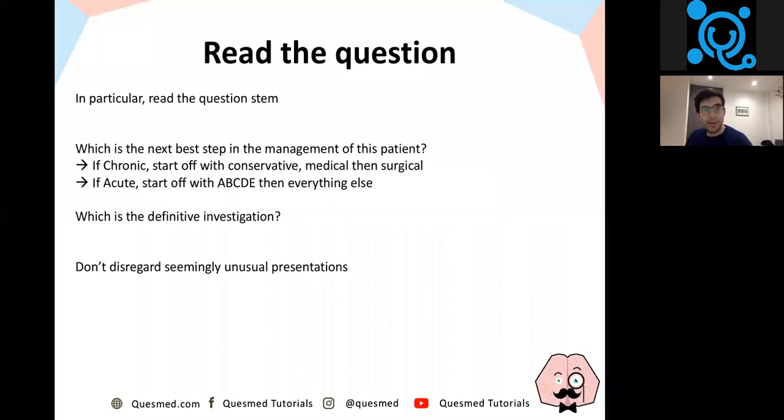So how many times have people told you to read the question? And probably I didn't as much. I think reading the question stem is very important, going back to what I was saying about the next best step and the definitive investigations. Also, I'll talk about it a bit more on the next slide, there's the thing about unusual presentations.